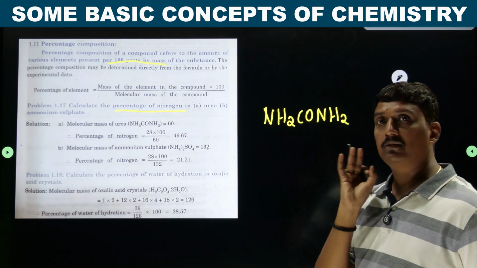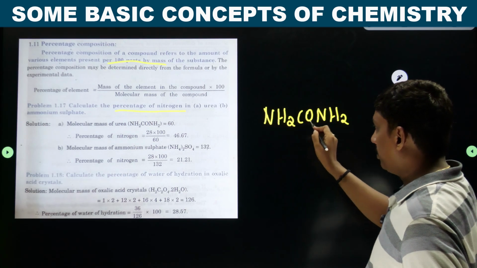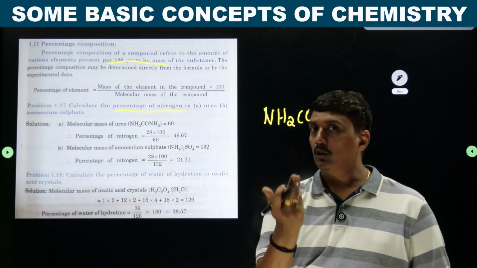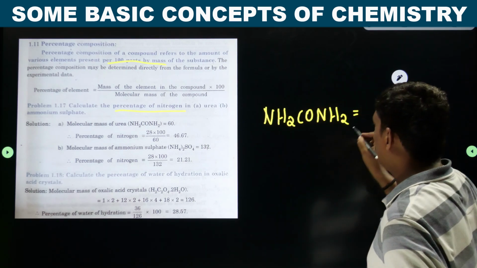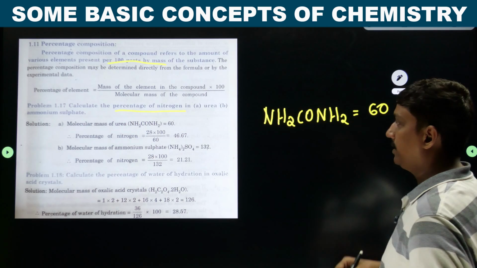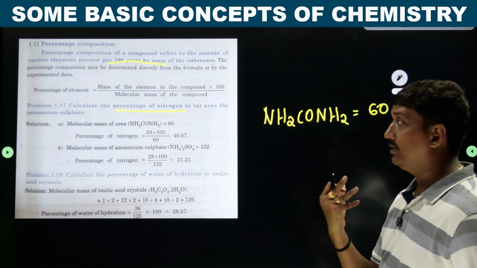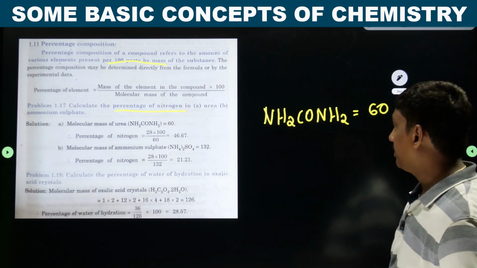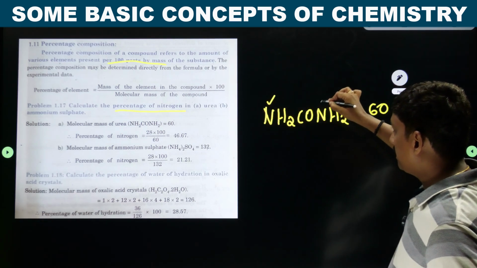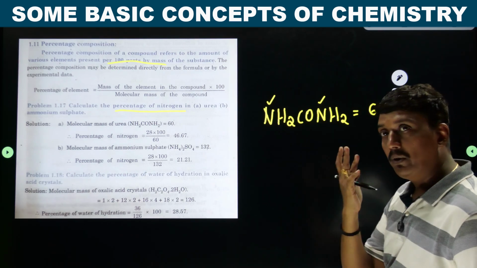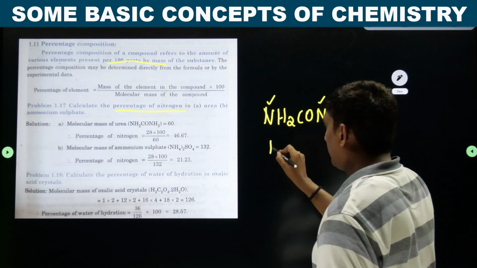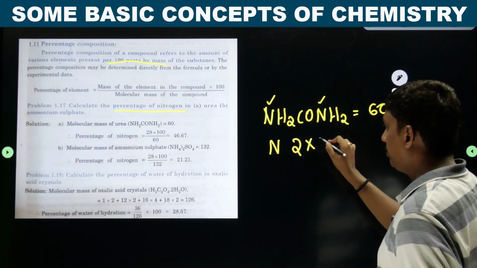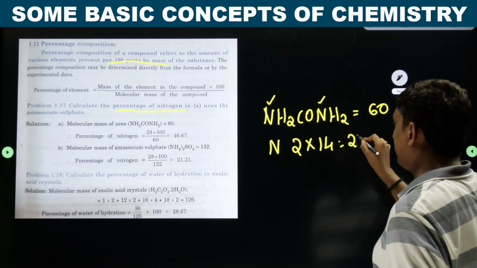So first, what is required? Once you know the molecular formula, you calculate the molecular mass. Molecular mass calculation, you know. It is equal to 60. Here 1 nitrogen, here 1 nitrogen, so 2 atoms. One nitrogen is 14, so 28 grams.